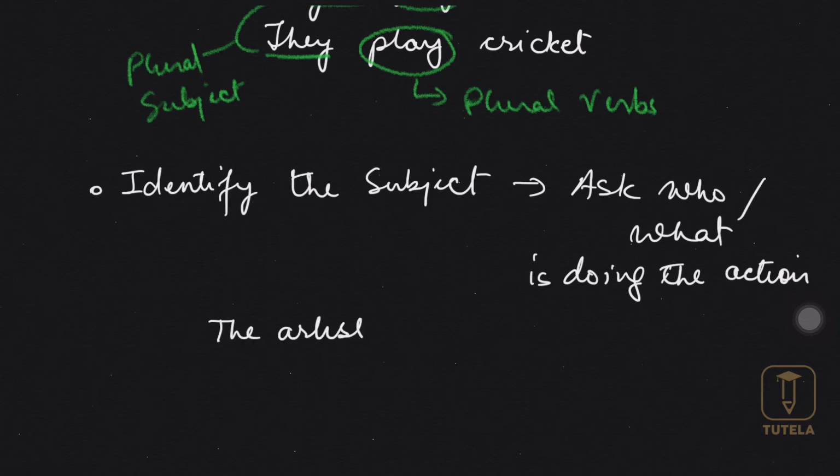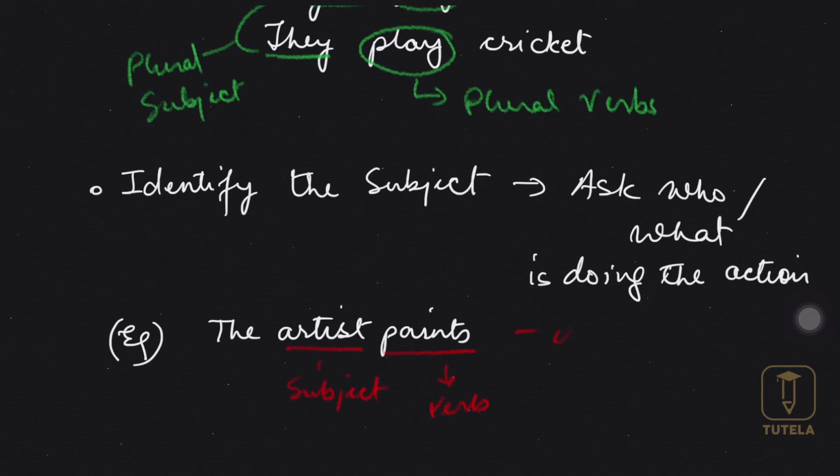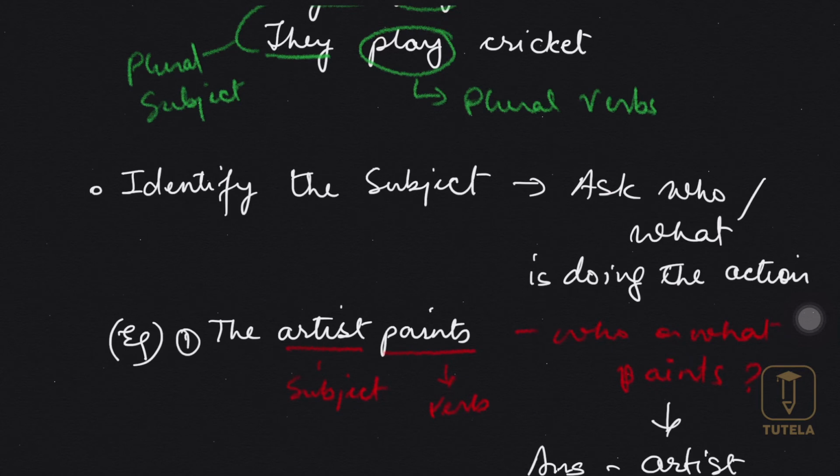The artist paints. In this example, the subject is the artist and the verb is paints. But it becomes a lot easier if you ask who or what. Who or what paints? The answer will always be the artist. Hence, we arrive at the subject.